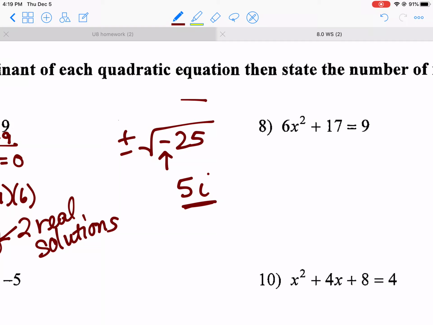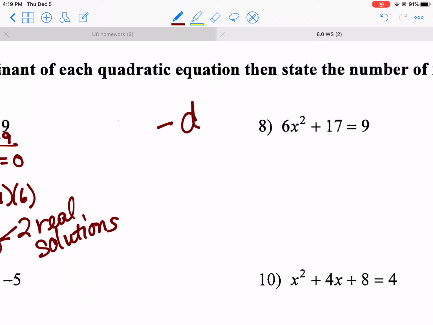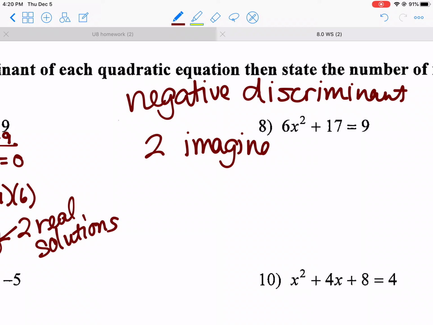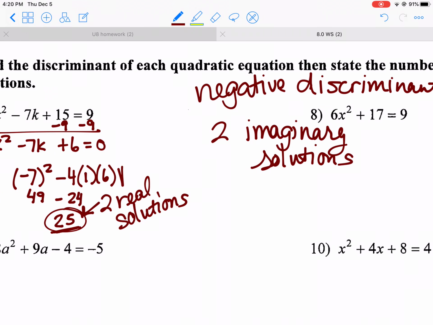So anytime we have a negative discriminant, we will have two imaginary solutions. Okay, so if it's positive, then we have 2 real solutions. If the discriminant is negative, then we have 2 imaginary solutions.